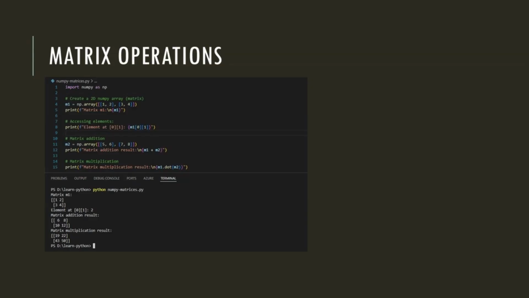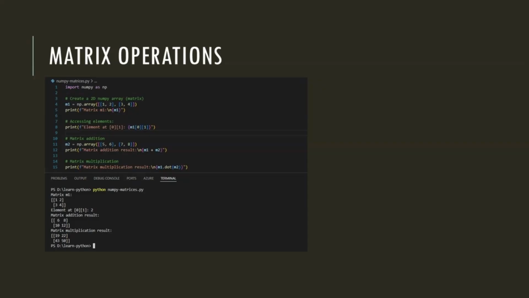The index numbers of the first row and first column are 0 and 0. So when we give the statement print m1[0][1], it will print 2, which is the element in the first row, second column. Let's create another matrix M2 with elements 5, 6, 7, 8 and perform a matrix addition.